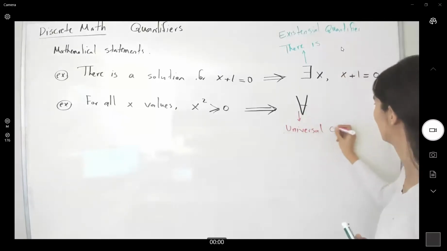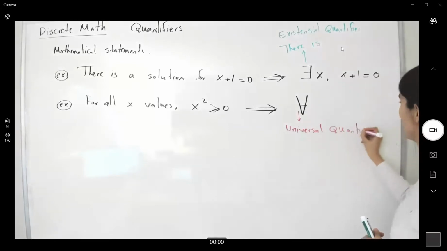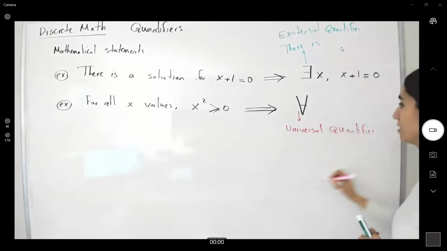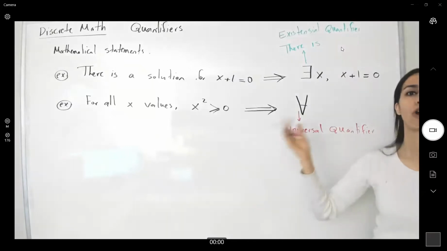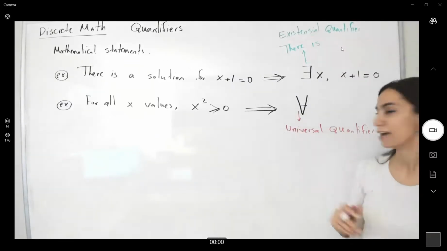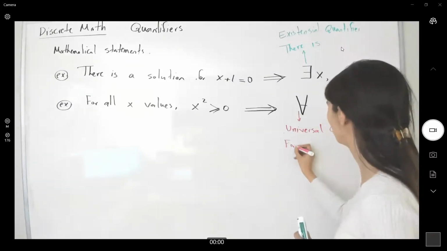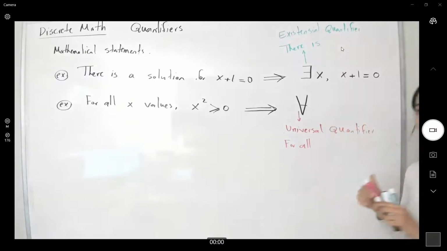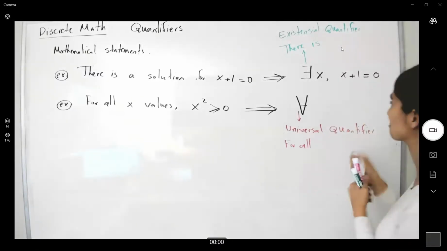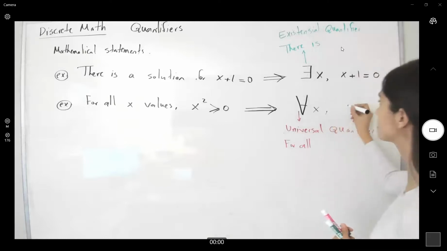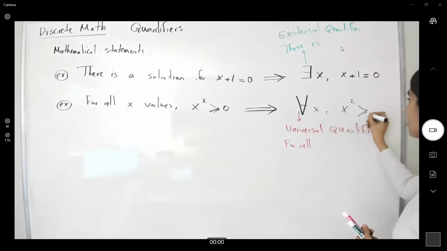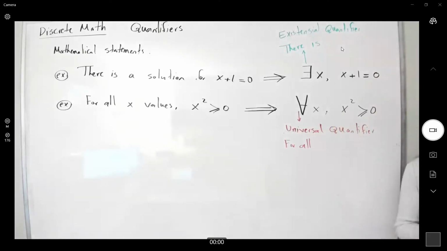You read it as for all, for any, for every. For all values of x, if I square it, it is going to be greater than or equal to 0.